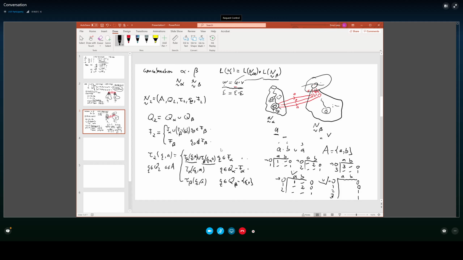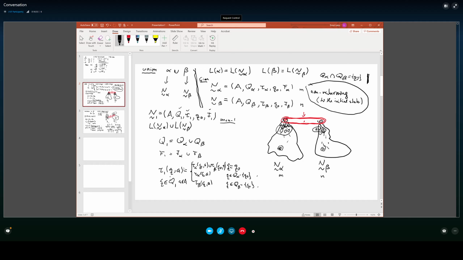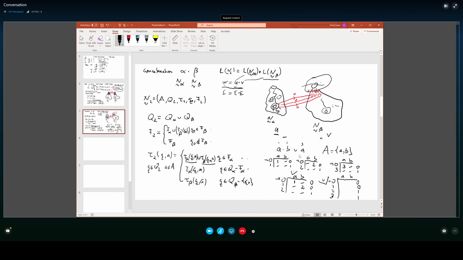And now, going back to the definition, the only time when anything interesting is happening is if we do the initial state. And the initial state basically says we're doing the initial state of the first automaton union the initial state of the second automaton. So this is 1, 3.